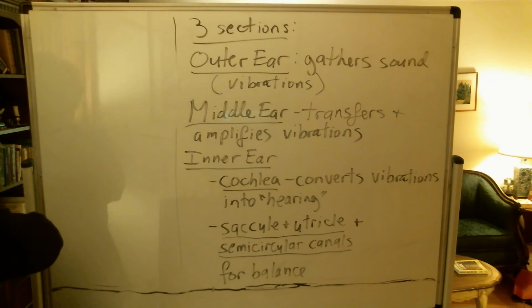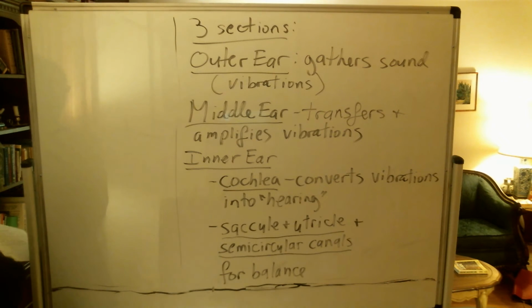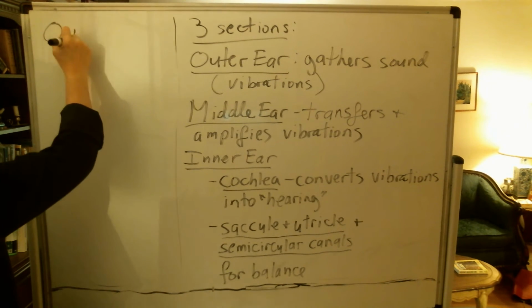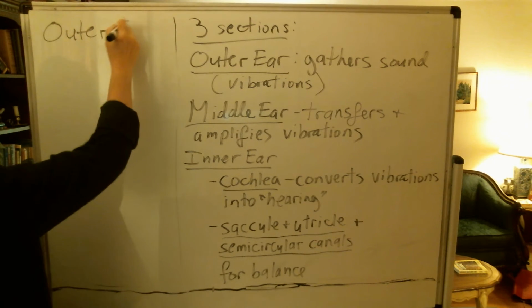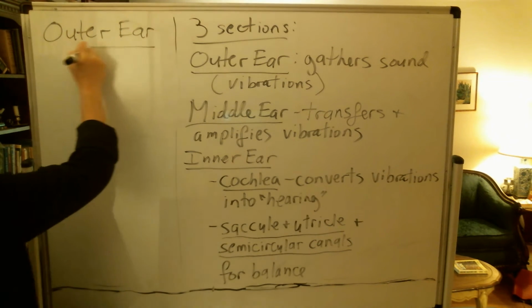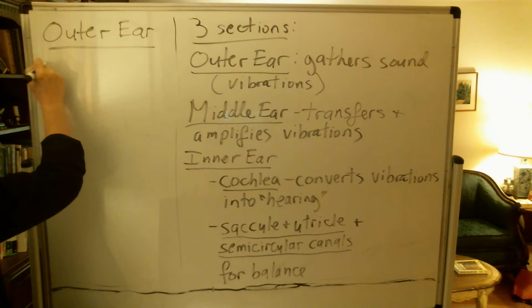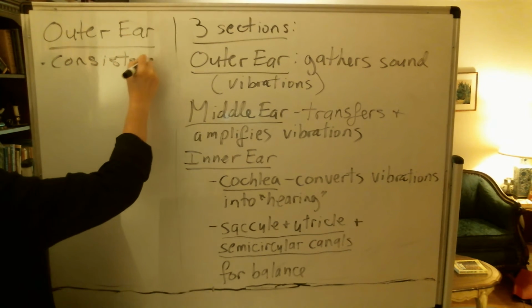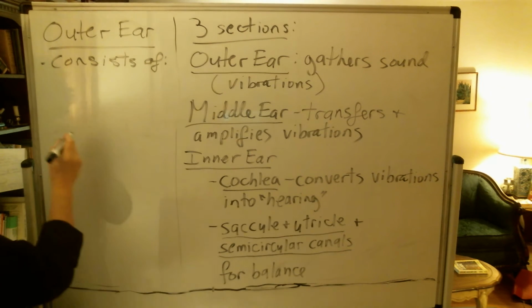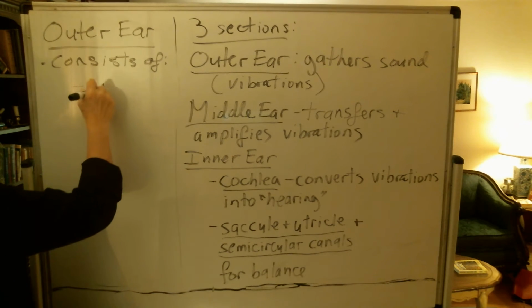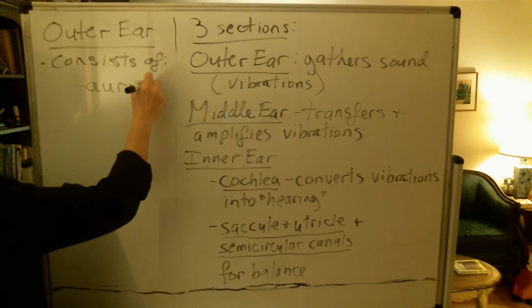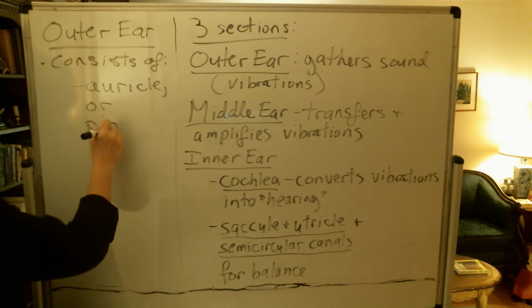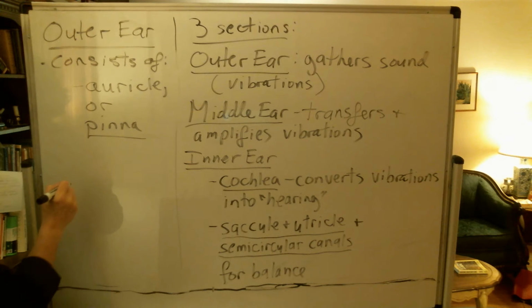So now I'm going to be talking about the outer ear. So the outer ear, then, consists of, first of all, the auricle or pinna.